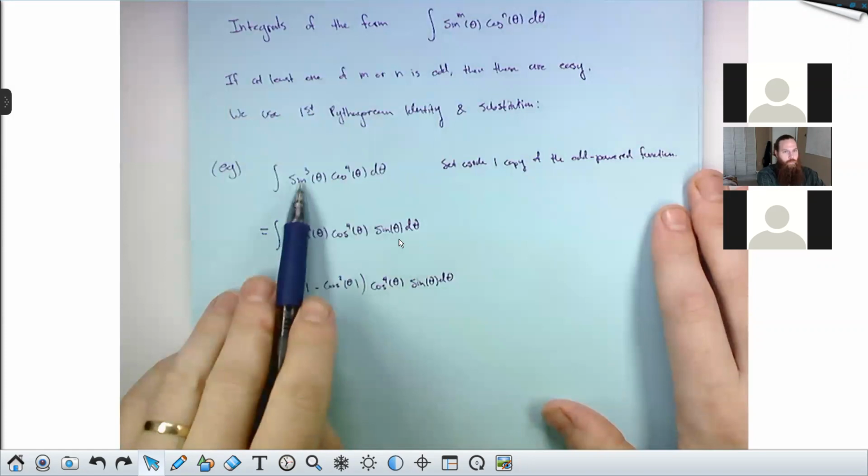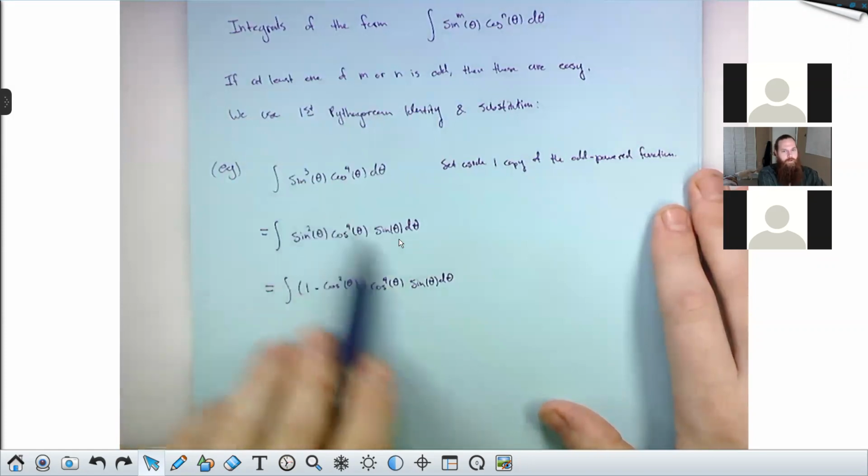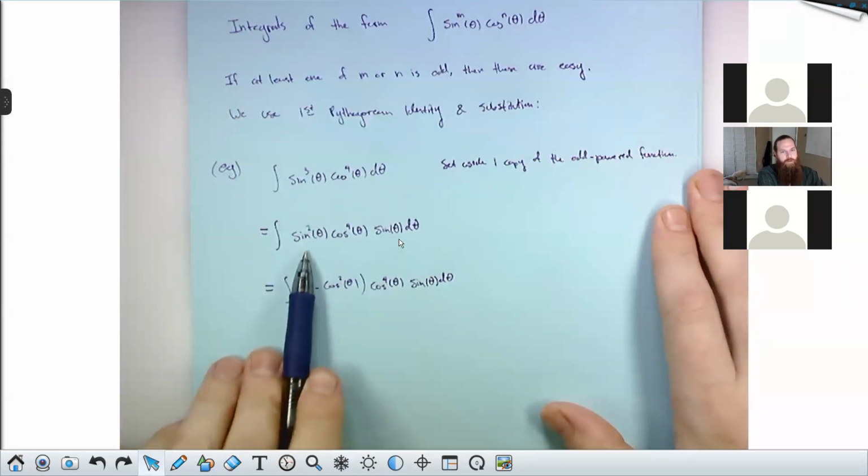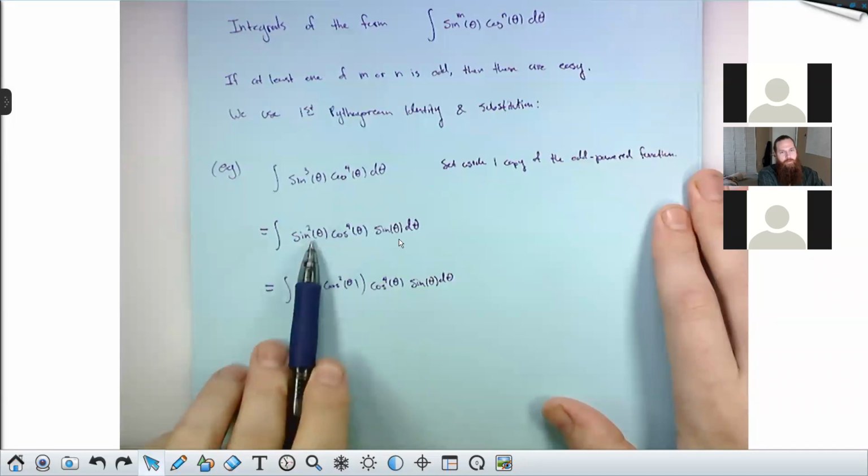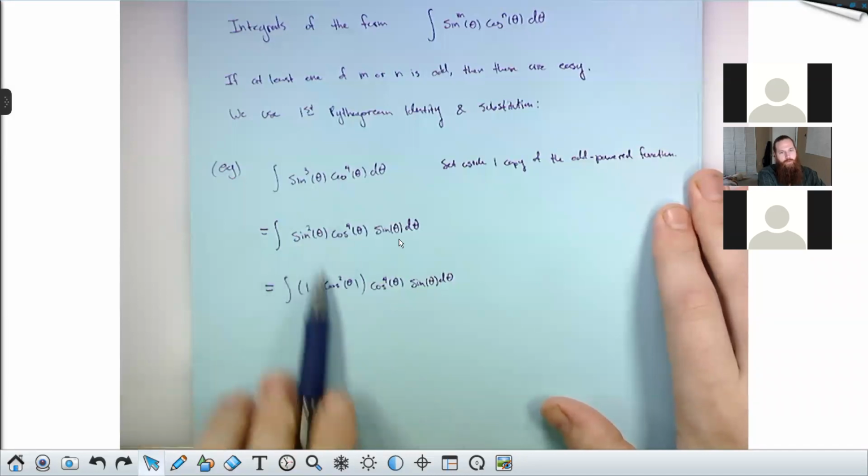So if you set aside one copy of the odd-powered function, then what's left will always be an even power. And an even power of sine or cosine can always be rewritten as the other guy using the Pythagorean identity, right? Sine squared is 1 minus cos squared.